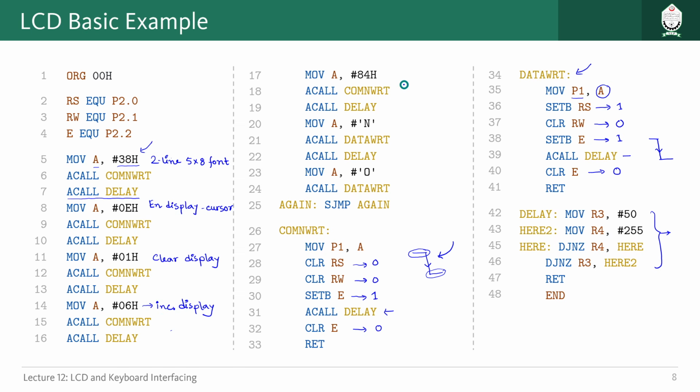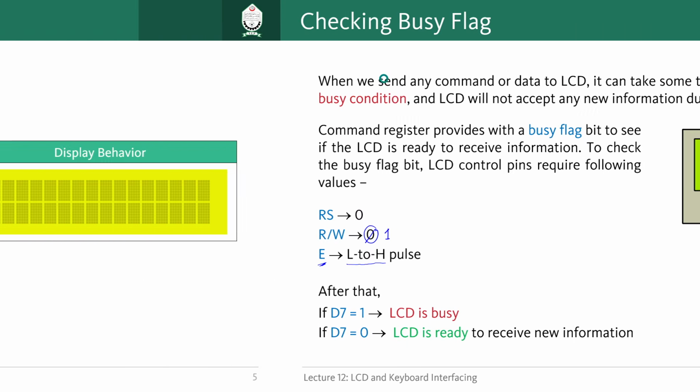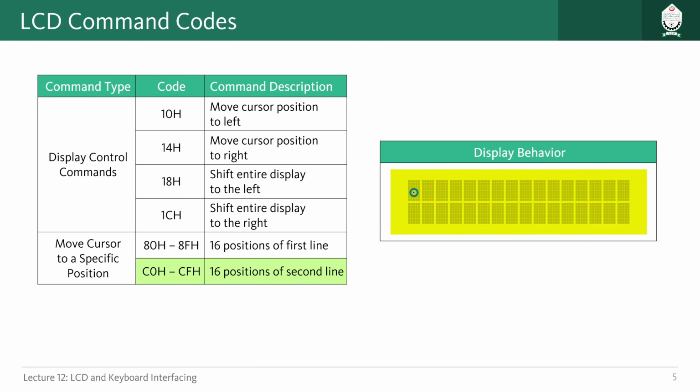Now for this command, 84H, if you remember from our previous discussion, we have 32 blocks, 16 in each line, and we can write characters anywhere, right? For each of the blocks we have different addresses, starting from 80 to 8F, and for the lower line C0 to CF.